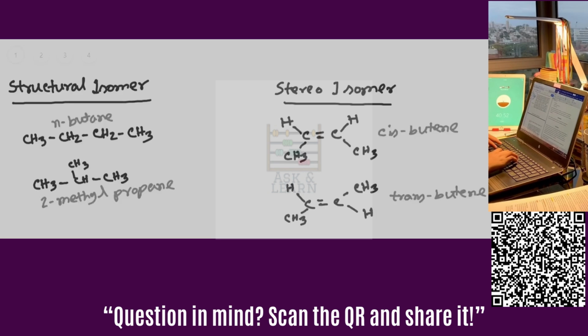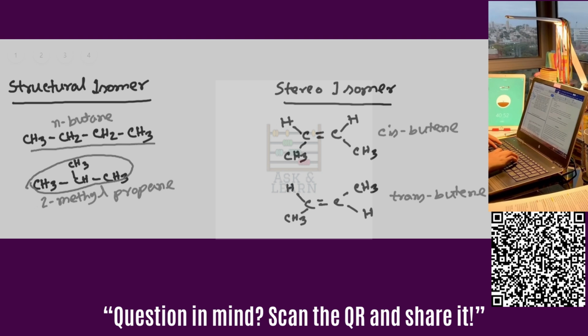So, in structural isomerism, the structural isomers are those isomers that have the same molecular formula but different bonding arrangement between the atoms. For example, here we can see the structural formula for n-butane, and this one is for 2-methylpropane.